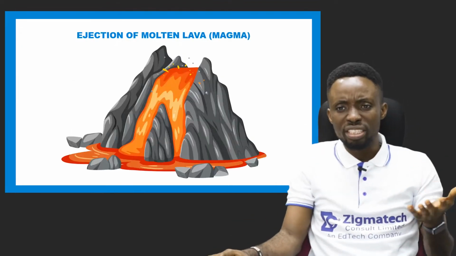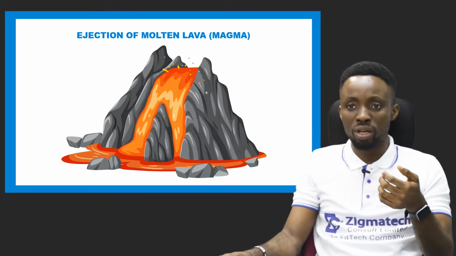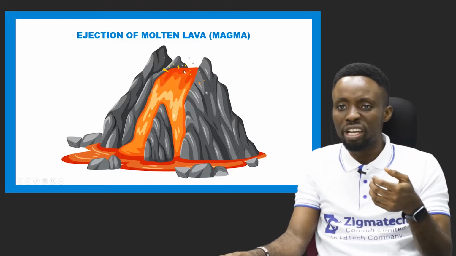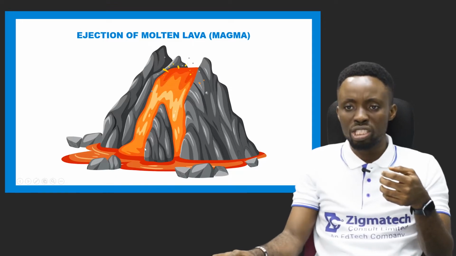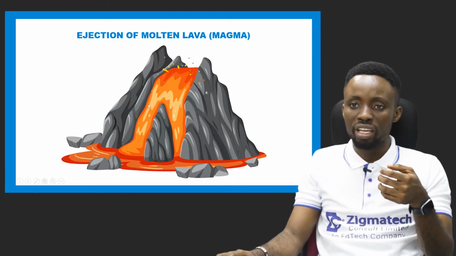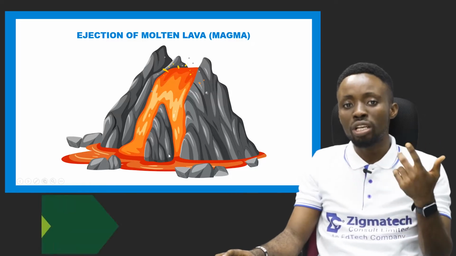So this is a typical example of such ejection. As you can see on the screen, we have lava coming through the vent to the surface of the earth. Now, when this molten magma or lava solidifies on the earth's surface, the hard substance that is formed is actually called what?